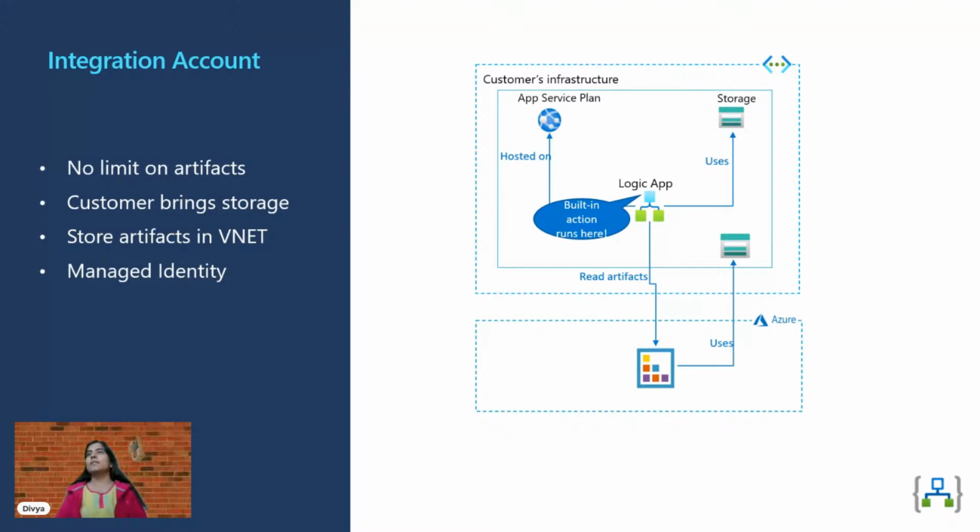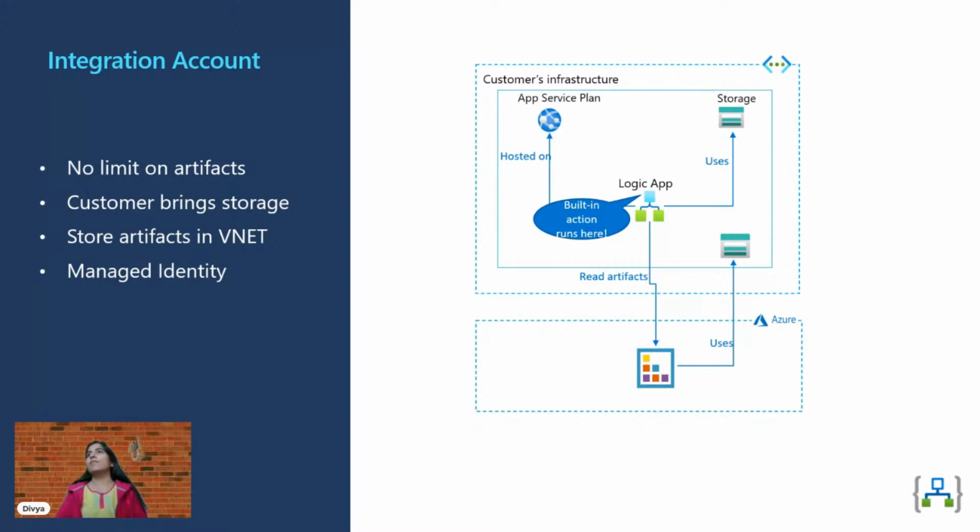But once again, if you look at this diagram, all the processing that uses the artifacts in the integration account happens on your compute in your VNet. All the artifacts are stored in the storage that again can be stored in the VNet. So pretty much everything that you own as a customer is now running inside the VNet.